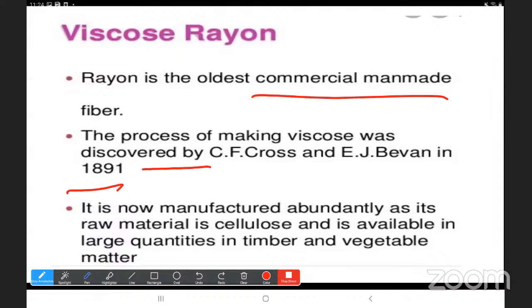This viscose rayon is manufactured abundantly as its raw material is cellulose, which is available in large quantities in timber and vegetable matter.